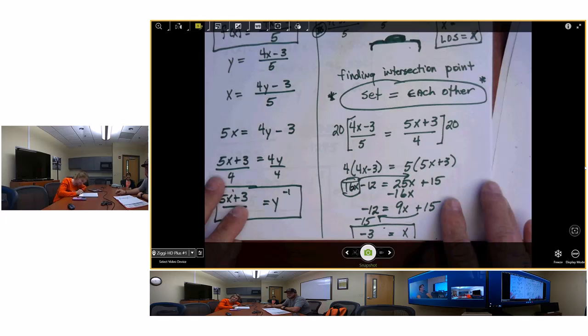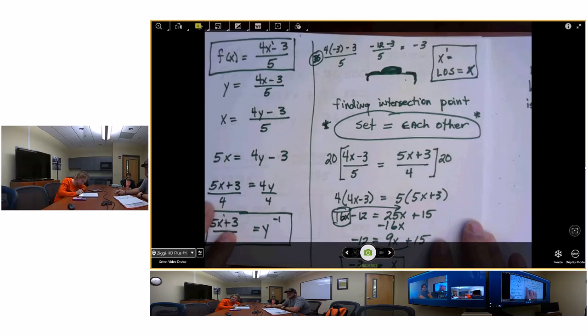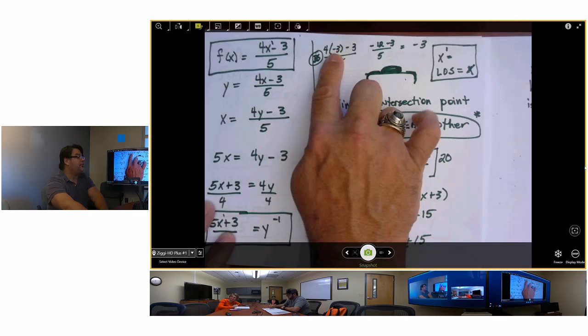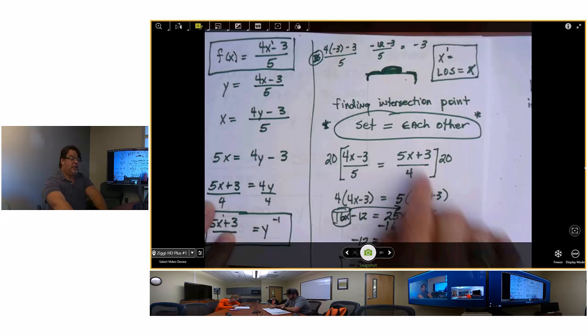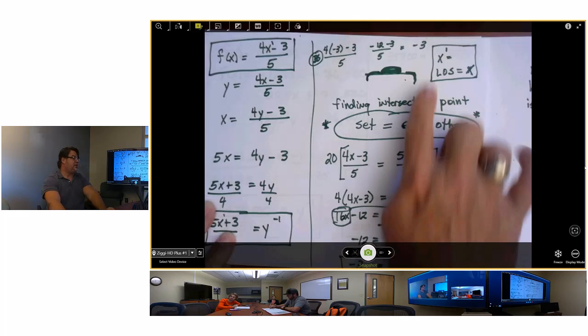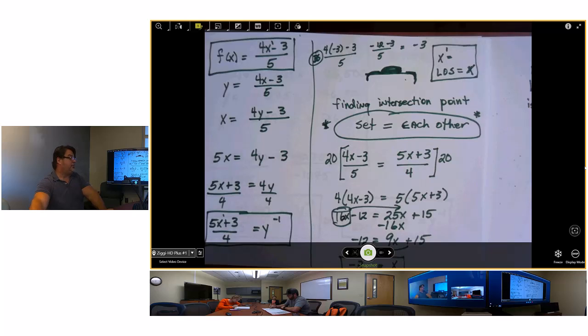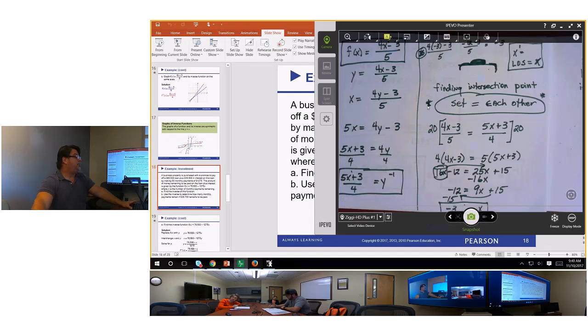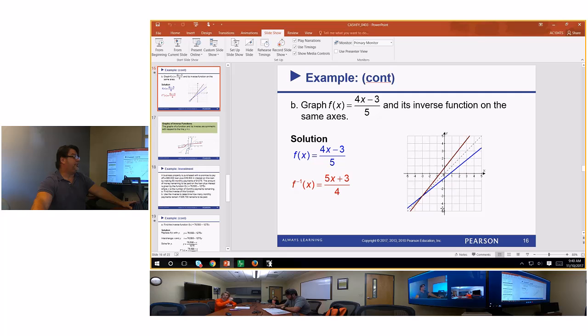All right, now back substitute the -3 into the original, and you get -3. So these two intersect at -3, and we went back to the graph, and that's where it intersects, right here at -3 and -3.